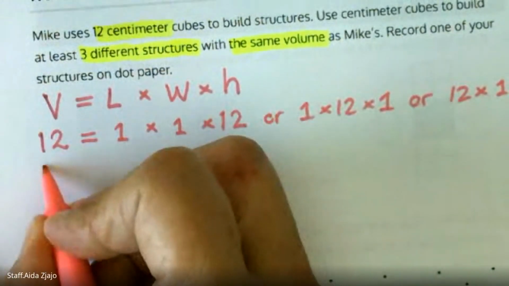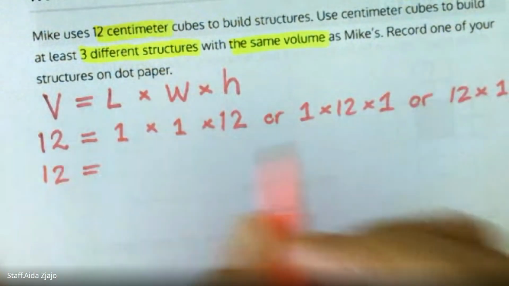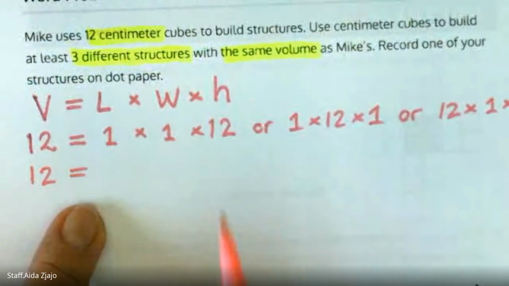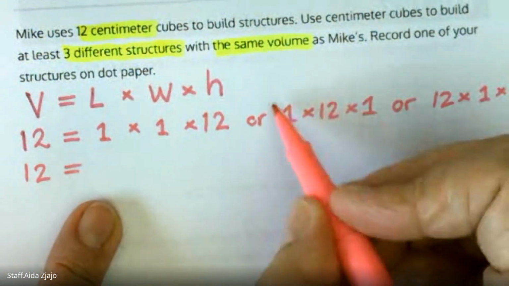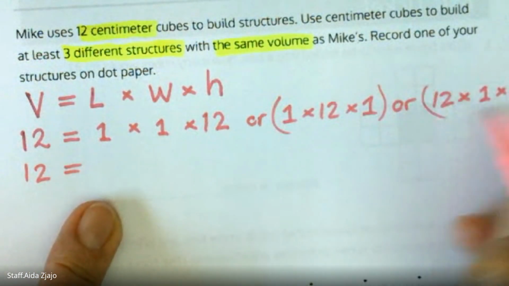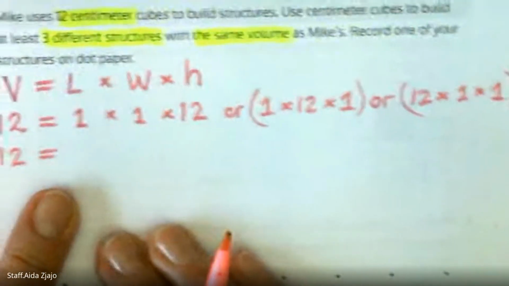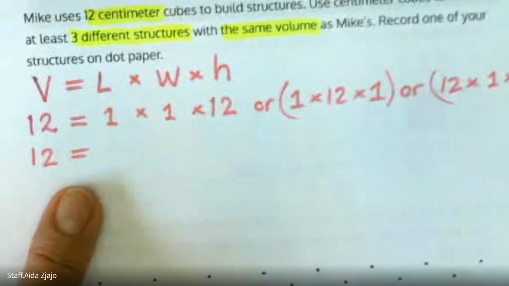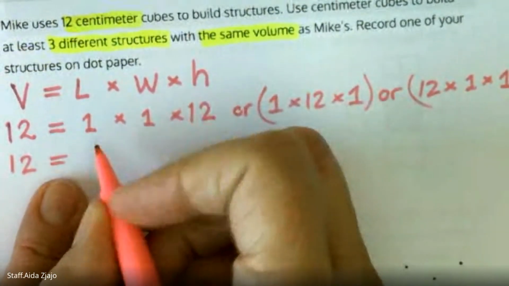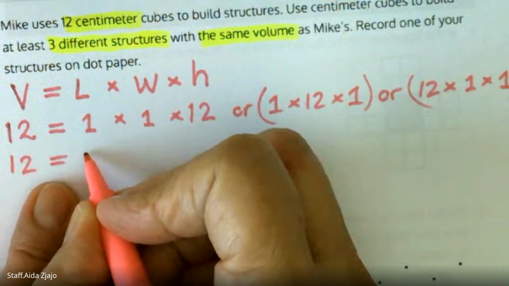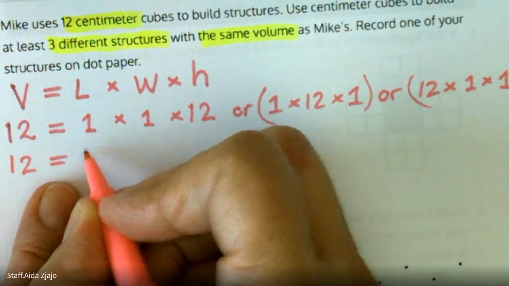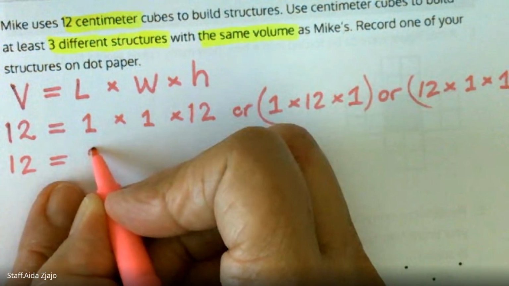Okay, now that's one possibility. The next would be, what if I have, and I'm going to put these in parentheses, what if I have the length to be 2.